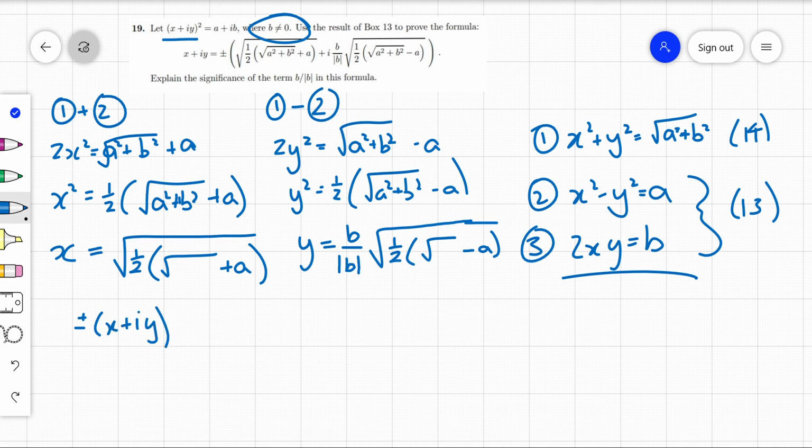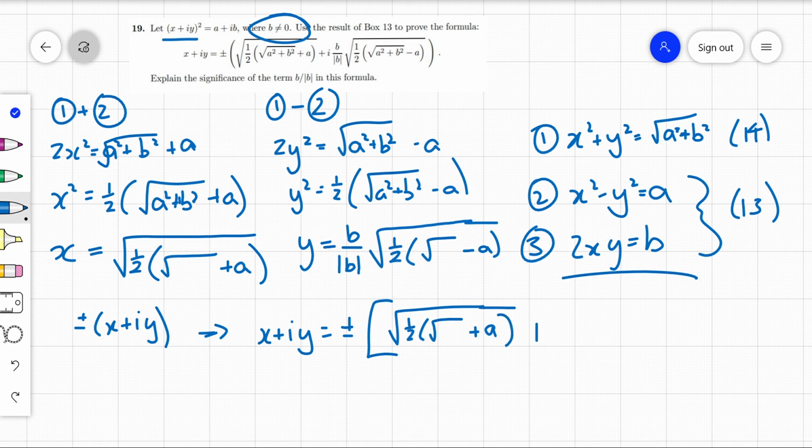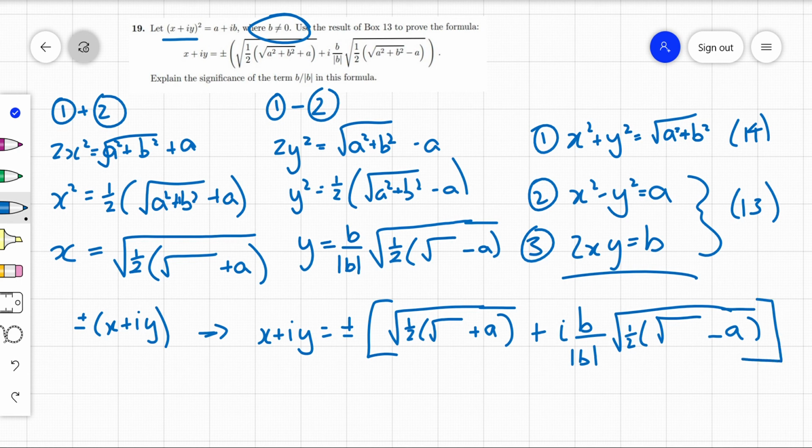That means that x plus iy would be plus or minus x, so the square root of half of the square root of a squared plus b squared plus a, plus i times y, and y is b over the magnitude of b, times the square root of half of a squared plus b squared again, this time minus a. There we go, which is what we were looking for.